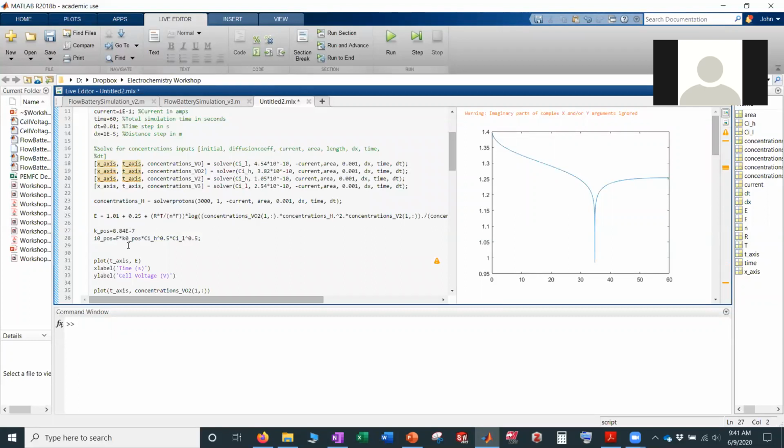So we'll call this k naught positive, and this is going to be in meters per second. So this is going to be coulombs per mole, so I cancel. The concentrations are going to give us a meter cubed on bottom, so we should have a per meter squared. Units of this will be in amps per meter squared.